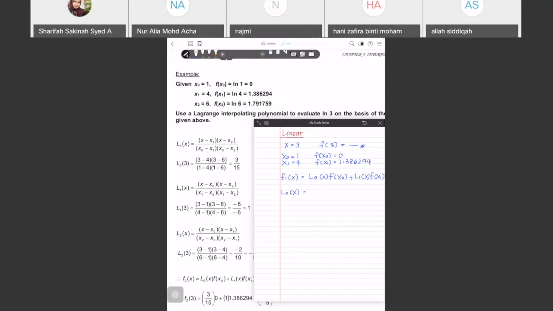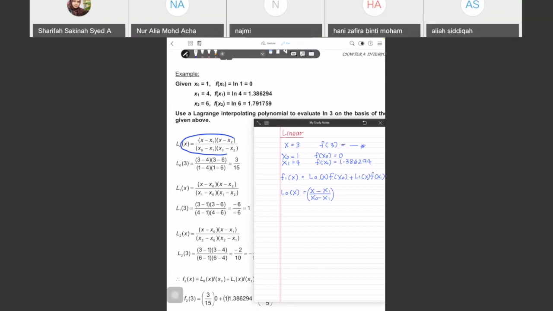Super easy. If you want to represent L naught, in this case, it is x minus x1 divided by x0 minus x1. Stop, because it's linear. You don't need more items, like in the quadratic case, because we just have 2 points, x0, x1.